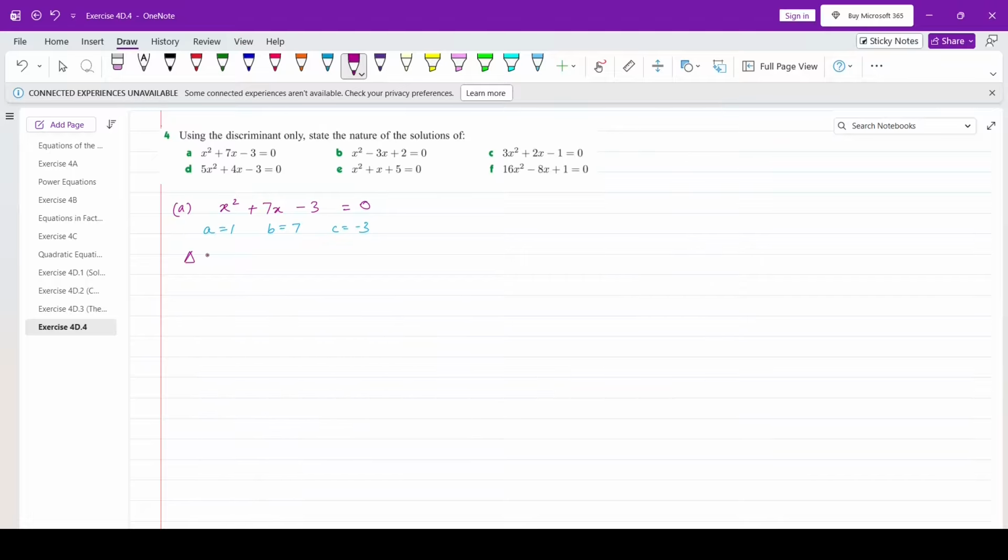Therefore, the discriminant is equal to b square minus 4ac. b square, that is 7 square, minus 4 times a is equal to 1, times c is equal to negative 3. So this becomes 49 plus 12, that is 61. And we know as the discriminant is greater than 0, so we have two distinct real roots.